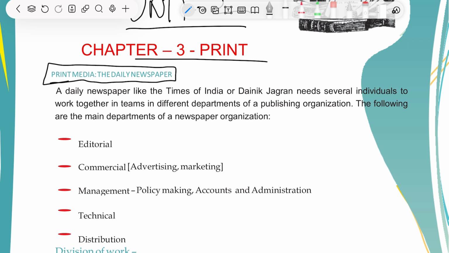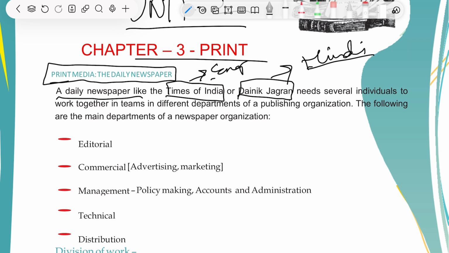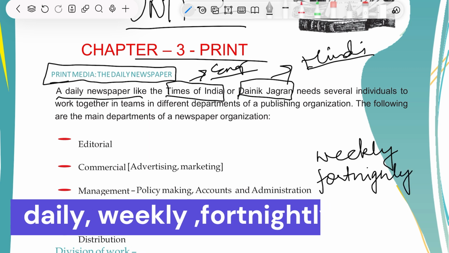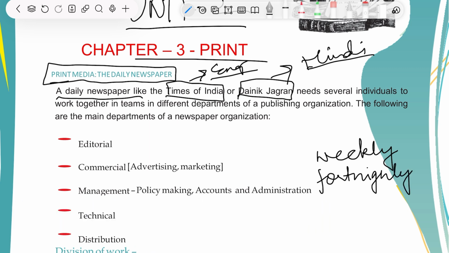A daily newspaper like the Times of India is an English newspaper. Dainik Jagran is a Hindi newspaper. The newspaper that you get at your home is a daily newspaper. Sometimes newspapers are weekly, published once a week. Some are fortnightly, meaning once in 15 days. Magazines like India Today and Outlook are fortnightly magazines.